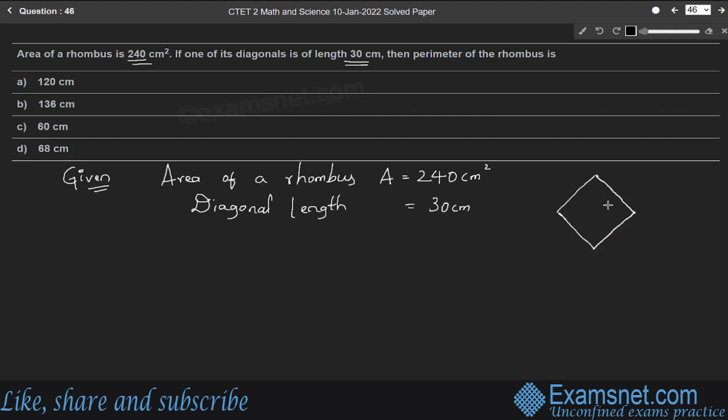Here consider a rhombus whose area is 240 centimeters square. Let P be one of its diagonals, so its length is 30 centimeters, and Q be the other diagonal, right? So we have to find the perimeter of the rhombus. So, solution.